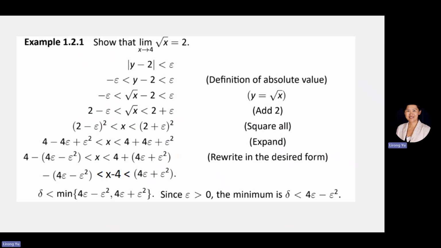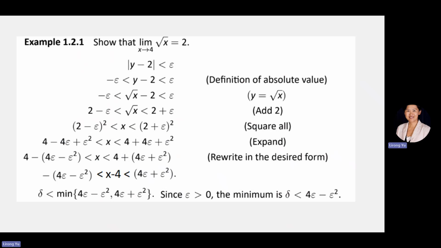So in order to prove the limit exists, you start with your target, which is essentially this one. We want this to happen. If you try really hard and this is not happening, then that is what happens when the limit does not exist.